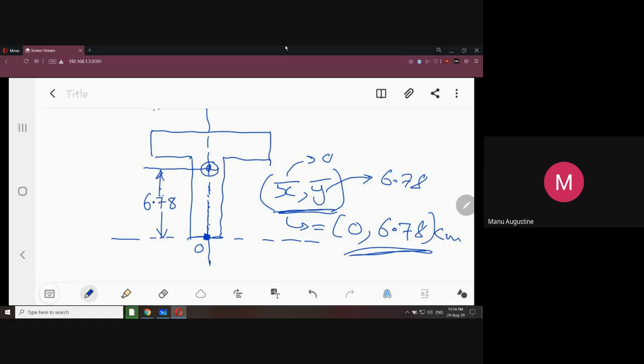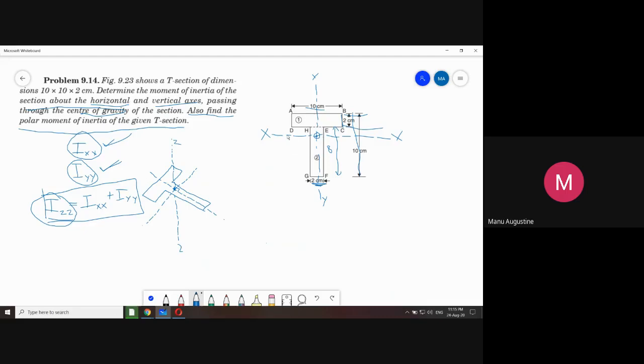Anyway, we have accomplished the first task. We had to draw the centroidal x-axis and centroidal y-y axis as indicated here, through the point where the centroid is lying. So the first task was to find where the centroid is lying, and that we have done.